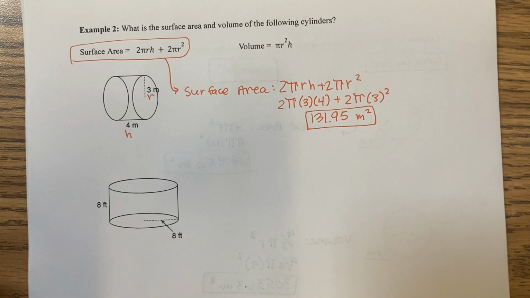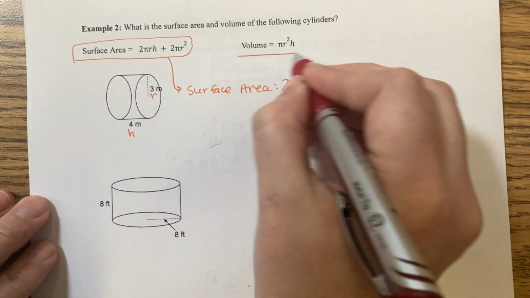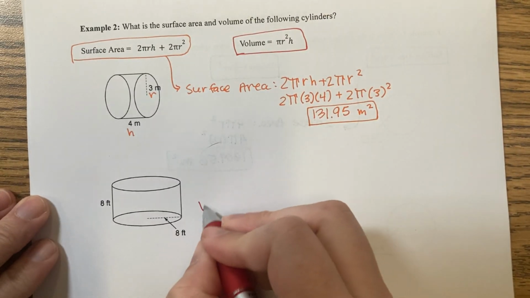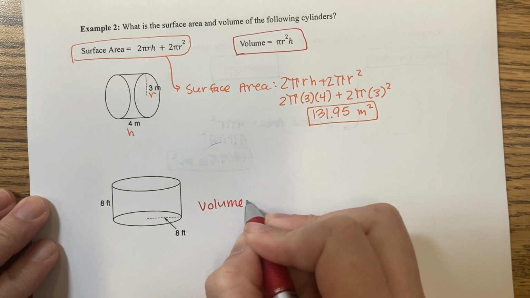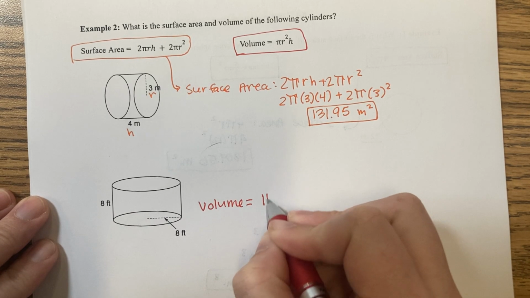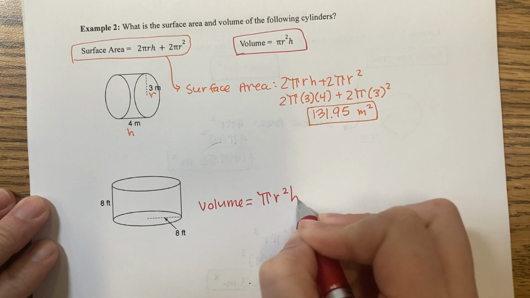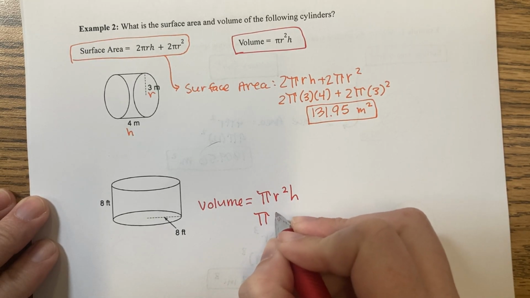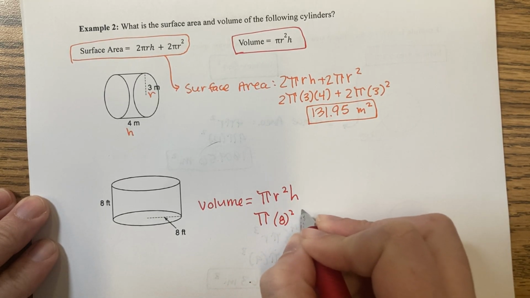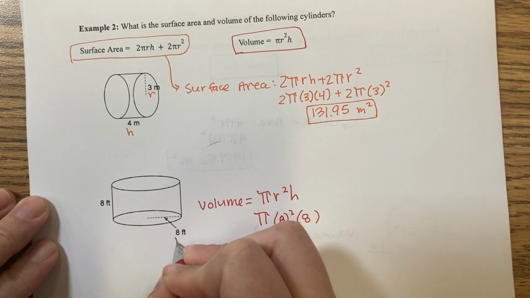Now when we do the volume, pi r squared times height. Pi 8 squared times 8.